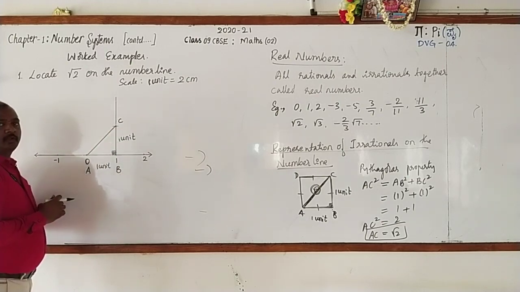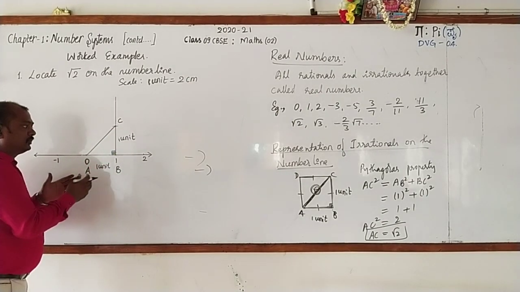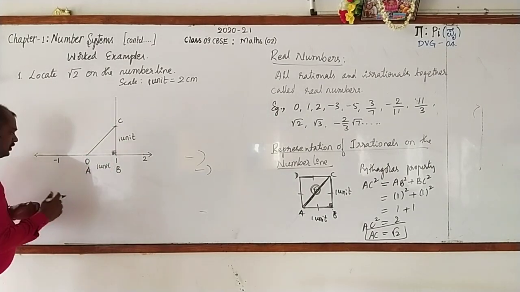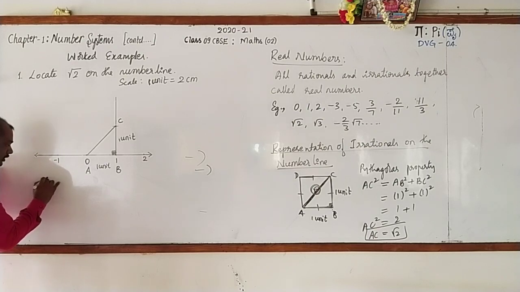It is root 2. But after the construction, you have to show how AC will be root 2. So, you can write like this.